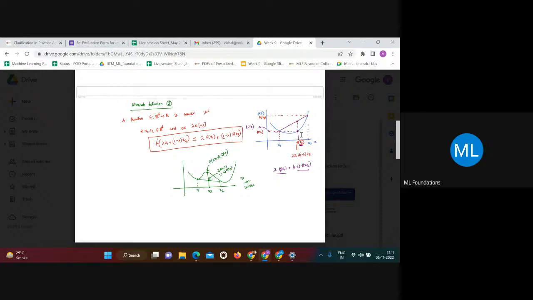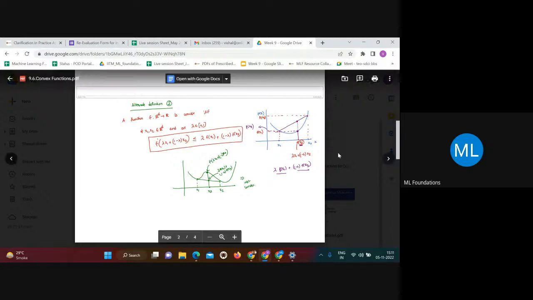If the function value f(x3) is less than or equal to lambda f(x1) plus (1 minus lambda) f(x2) for all values, then this is also a convex function. But this is pretty difficult to do; it's just a definition. He has also discussed this.